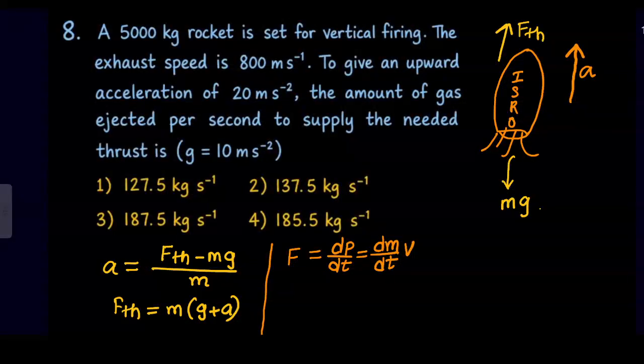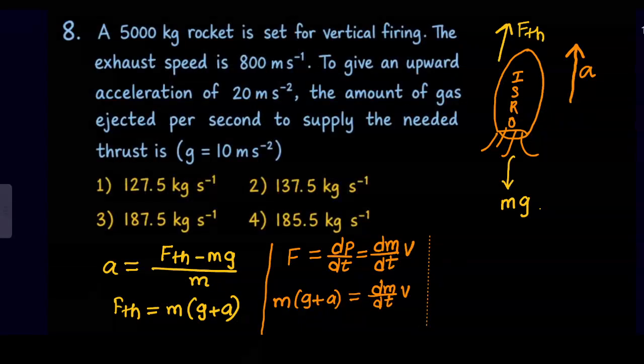Velocity is given. So F means the thrust force only. That is M into what? M into g plus a, which is equal to dm by dt into V. Now velocity is also given. We can substitute all the parameters.